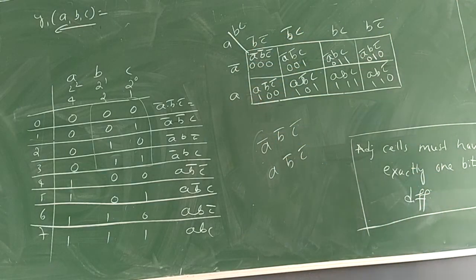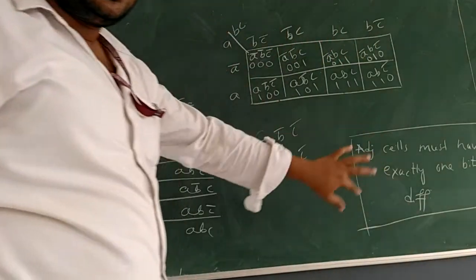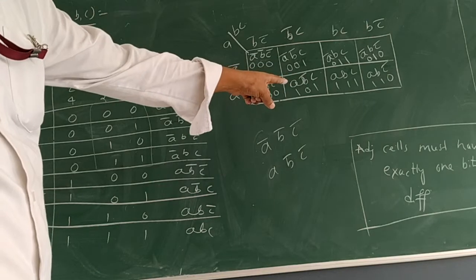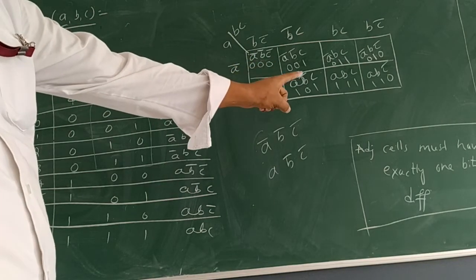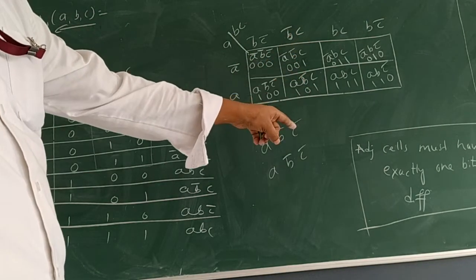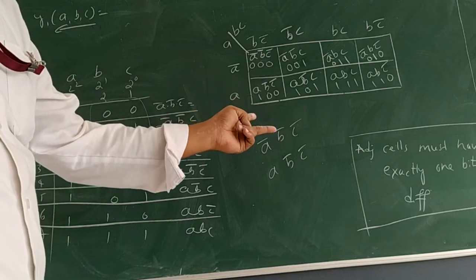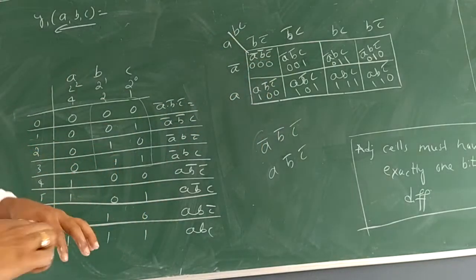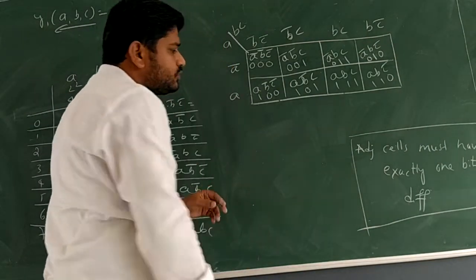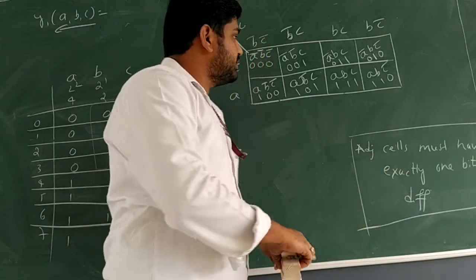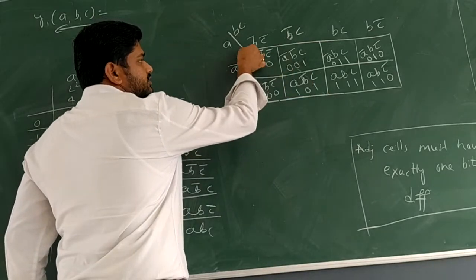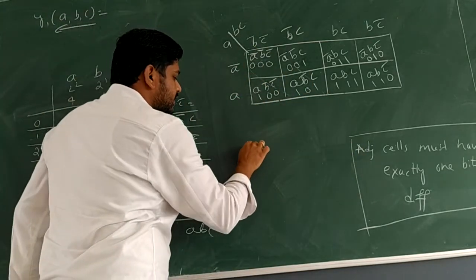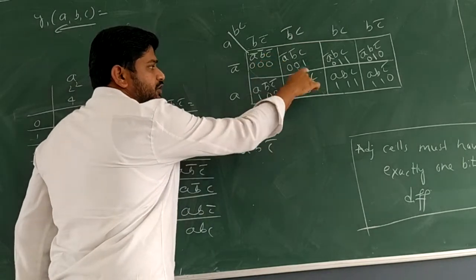Okay. So the outer meaning of that statement is: if adjacent cells have exactly 1 bit difference, non-adjacent cells must have more than 1 bit difference. Let's check. Non-adjacent means, let's see this combination, diagonal. First cell A complement, B complement, C complement.